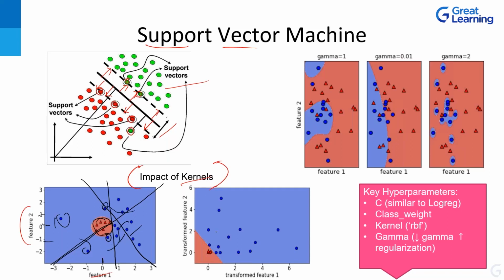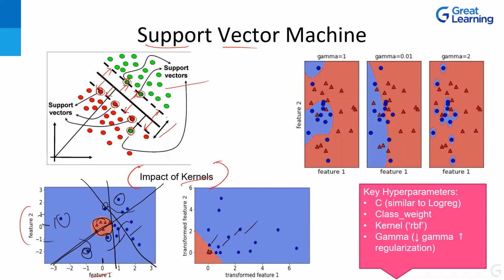So if we do a simple transformation like squaring these values, if we square all the features, feature 1 and feature 2, what would happen is that the blue samples will take a higher value, because the square of negative or positive numbers which have high absolute values is going to give higher values.